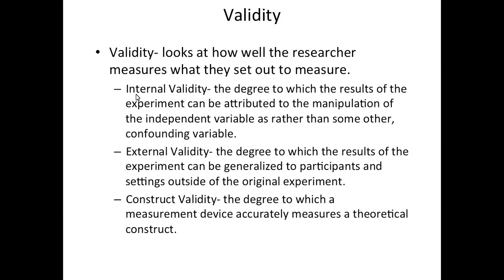And when we talk about accuracy, we're talking about, does what we're testing actually measure what it says it's measuring? Does that make sense? So we're looking not just for consistency, but accuracy. And reliability and validity are not the same thing, because it is possible for you to have a reliable measure that is not valid.